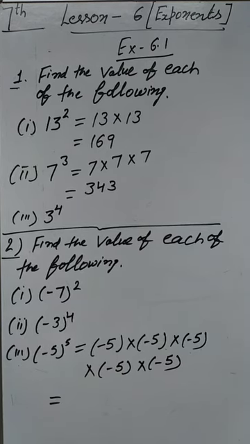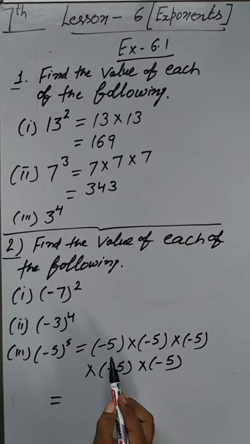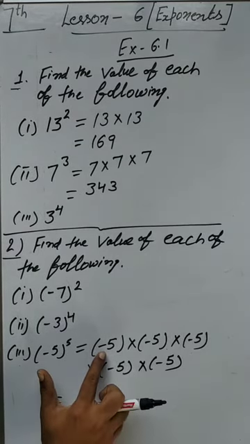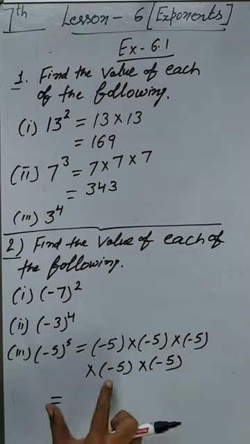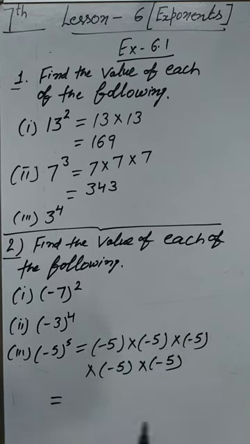Clear? Now look here. How many minus signs are there? 1, 2, 3, 4, 5. Means minus 1 raised to power is an odd number. 5 is an odd number, so your answer will be negative.